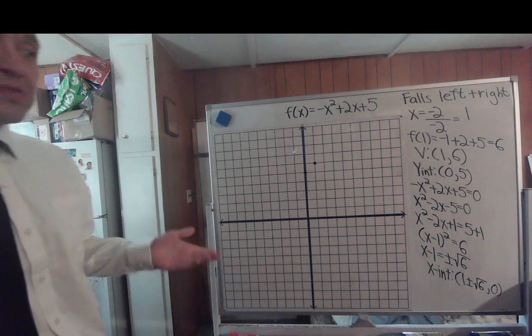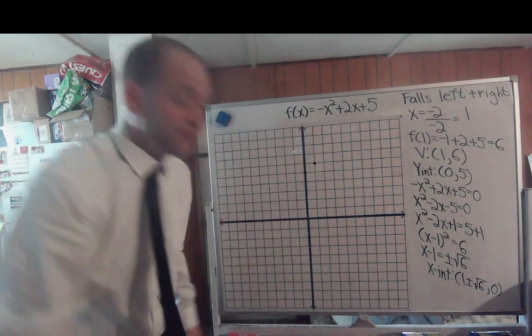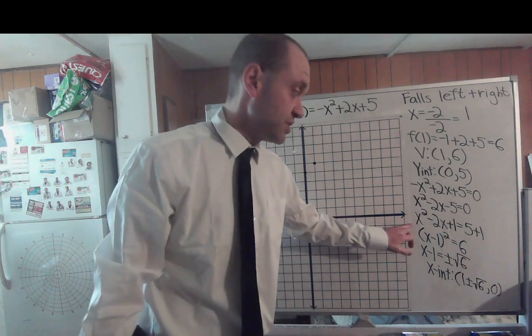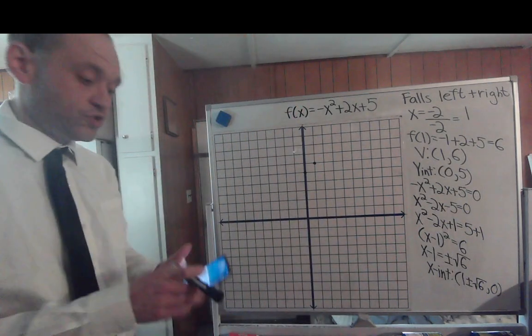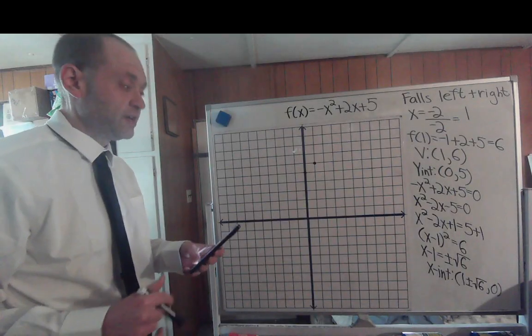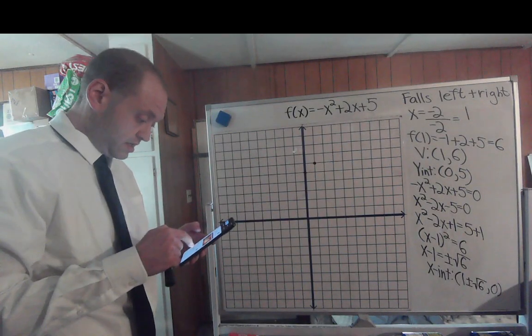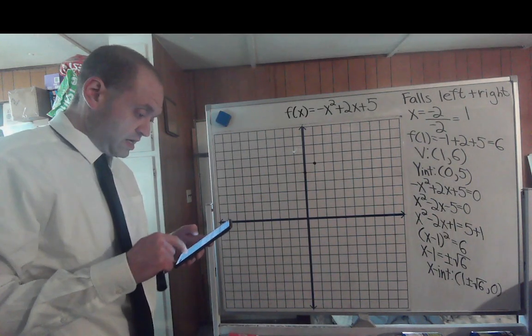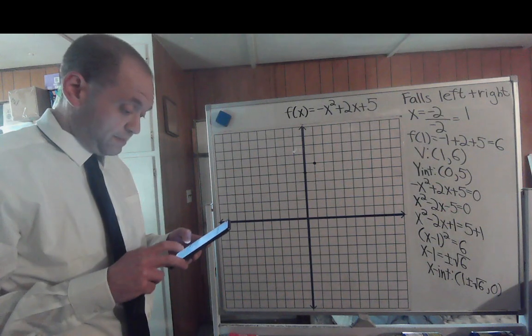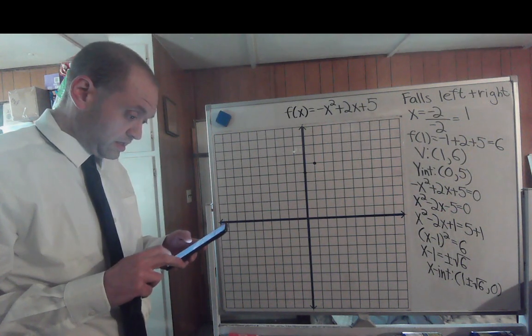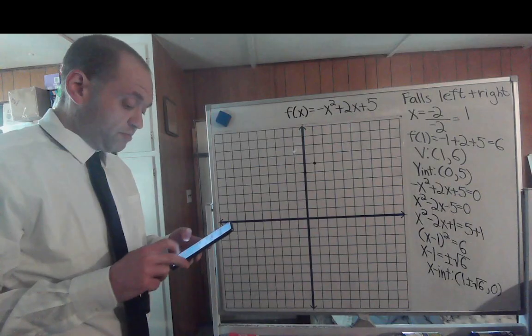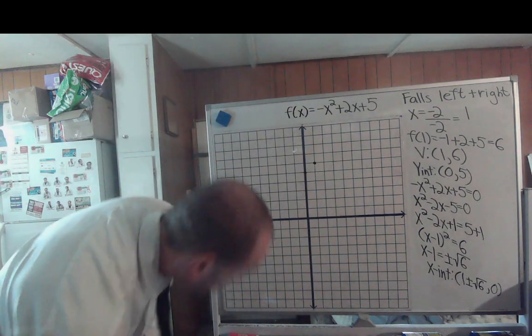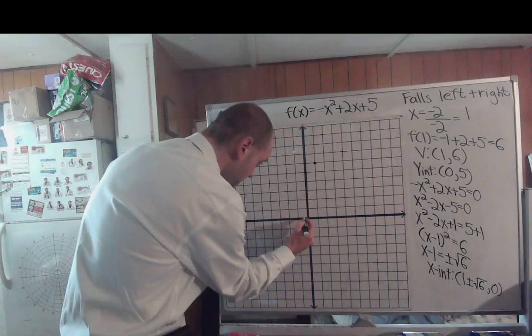It's better than using the quadratic formula. If you can, try to use completing the square, because we all know the quadratic formula is not particularly fun. Alright, so let's see. That would put your first x-intercept at about negative 1.45, so about right here.